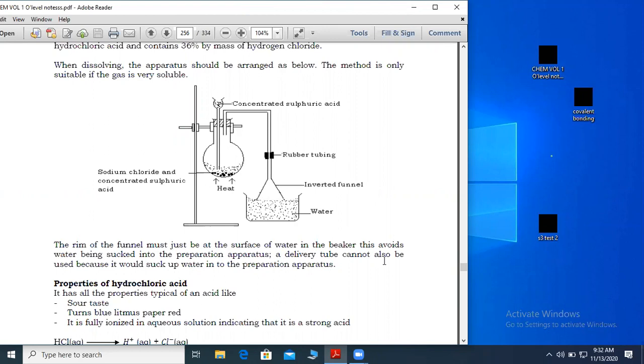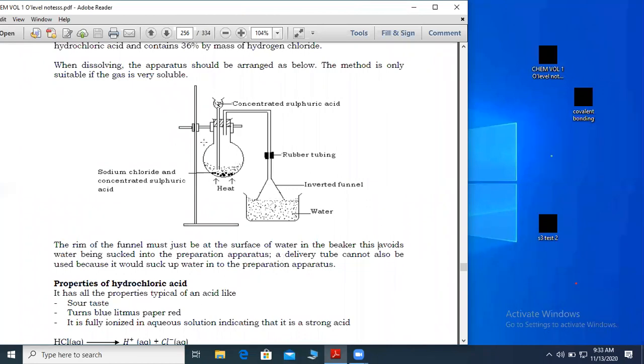A delivery tube cannot be used because it would suck up water into the preparation apparatus. We cannot let this delivery tube fall into the water, because it will pull the water back into the preparation flask. Take note of that. I repeat, this is very important.